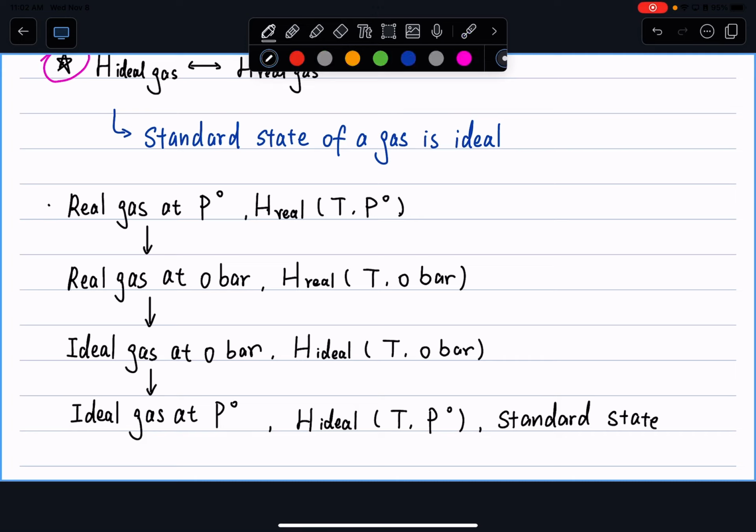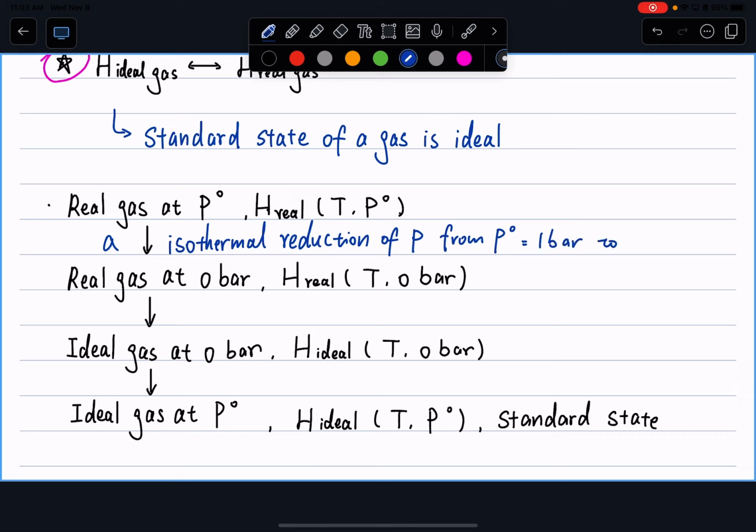Or the other way to put it, the first step here is an isothermal reduction of pressure from P naught, which is 1 bar, to 0 bar. So we're keeping the temperature the same and reducing the pressure back to 0 bar. And the result of that transformation is now you have a real gas at the same temperature T, but now the pressure is reduced to 0 bar.